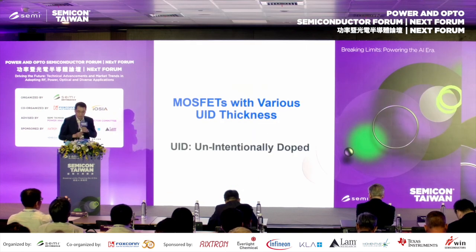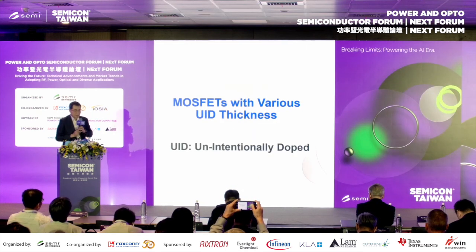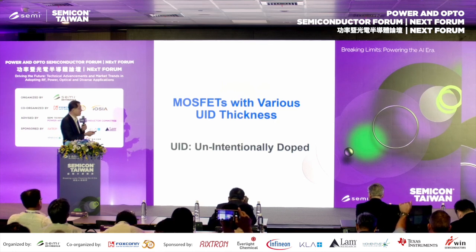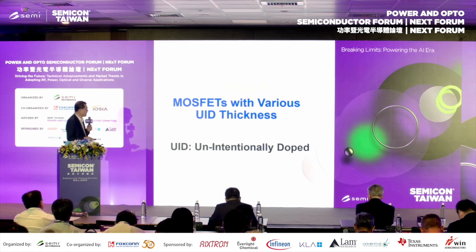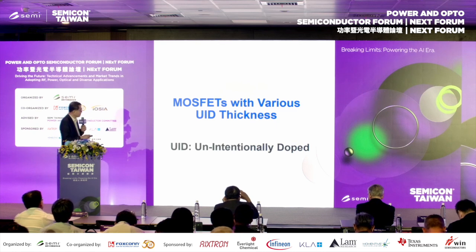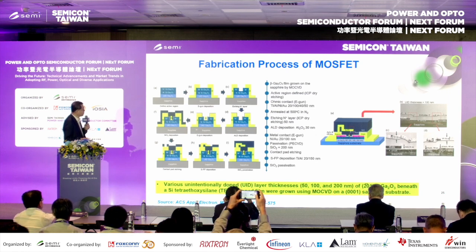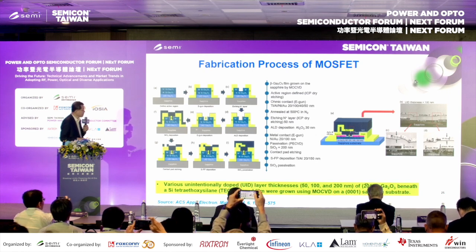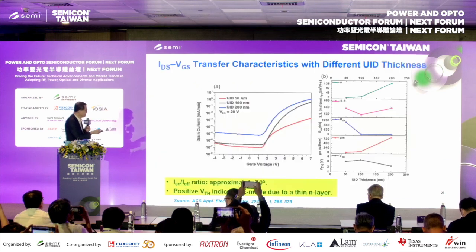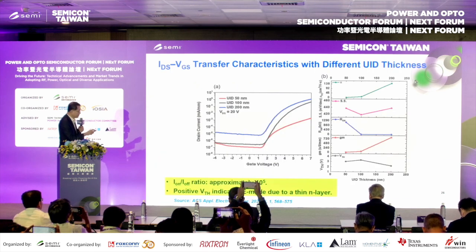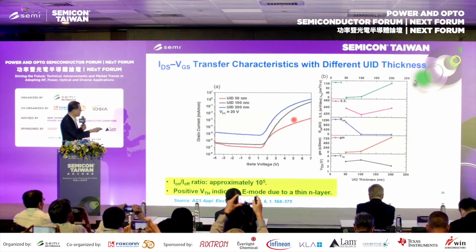So right now I will give some examples about the device. The first device is the MOSFET with various UID. UID means unintentionally doped. This is the whole fabrication process for the MOSFET. Then here we have different kinds of UID.